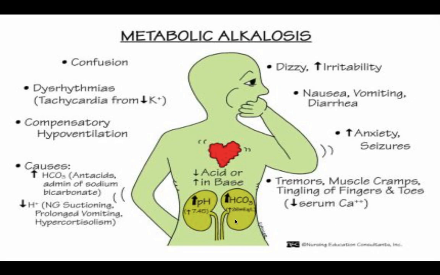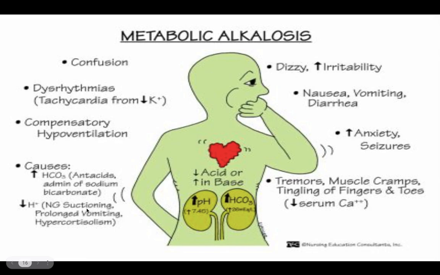So you're normally going to have an increase in bicarbonate or a decrease in acid, or both. They're going to be confused. They'll have some dysrhythmias and compensatory hypoventilation, so they'll be breathing real slow, trying to retain the CO2 to make their pH go up. Causes include antacids, maybe too much sodium bicarb, or a decrease in hydrogen, like nasogastric suction, which sucks out the stomach acid.